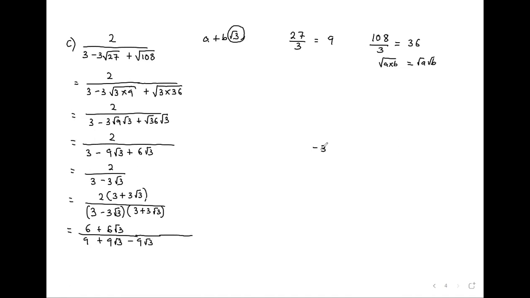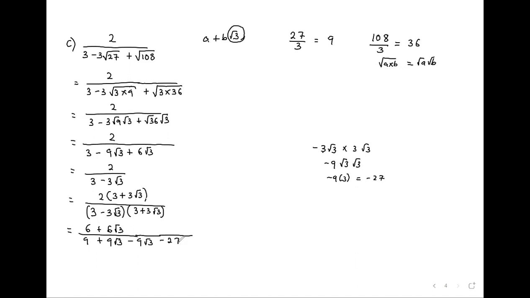Then negative 3 root 3 times 3 root 3. Negative 3 times 3, we get negative 9. Root 3 times root 3, we get 3. This will give us negative 27.